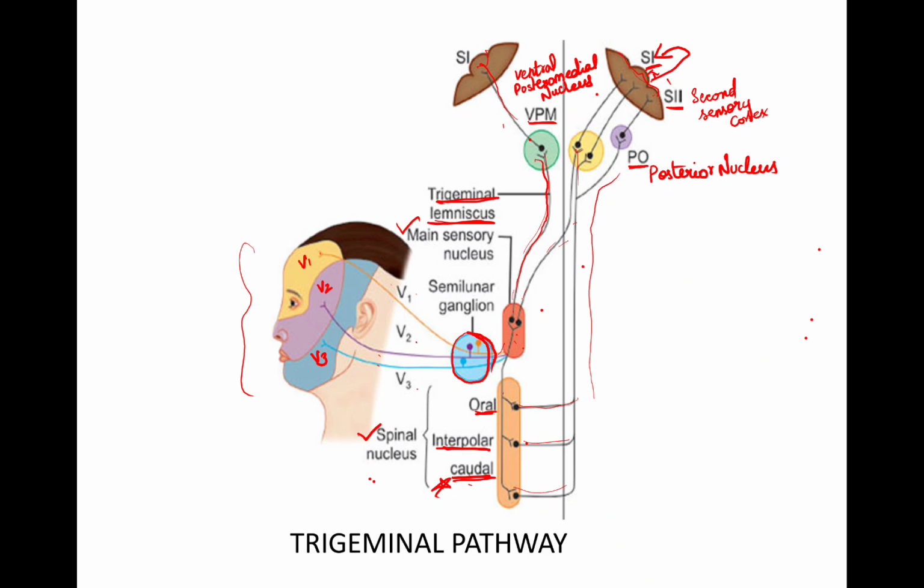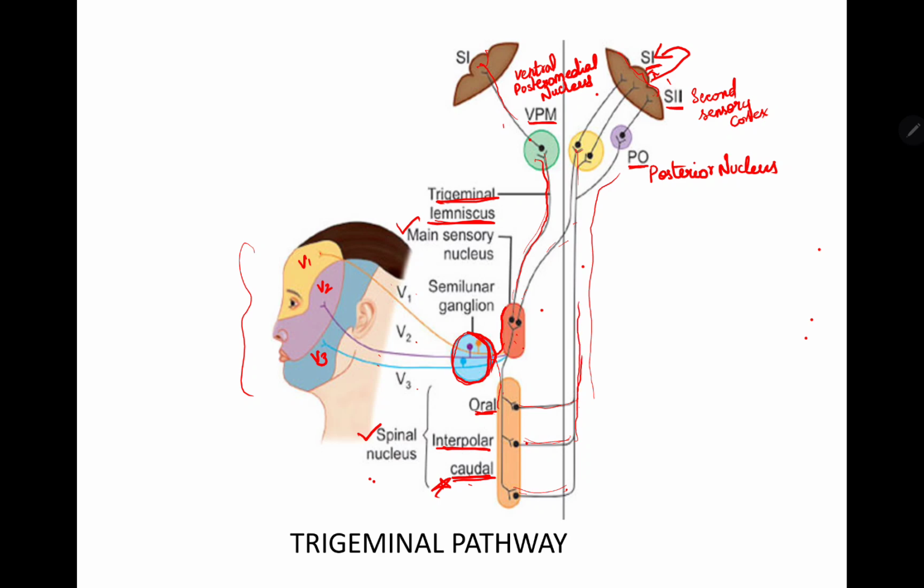Easy way to remember: from the face, V1, V2, V3, they will go to the semilunar ganglion. From the semilunar ganglion, they will reach the main sensory and spinal nucleus. After which they will cross, and then they will reach as the trigeminal lemniscus.